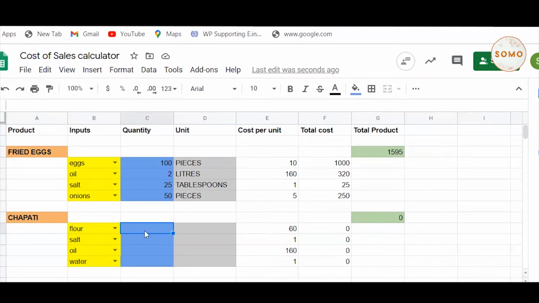To make 50 chapatis, we'll need 2 kilograms of flour. We will need 2 tablespoons of salt. We will need 2 liters of oil. And lastly, we will need 1 liter of water.